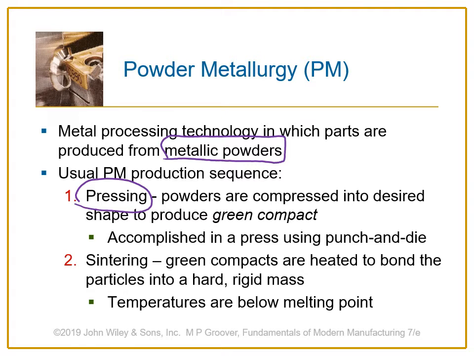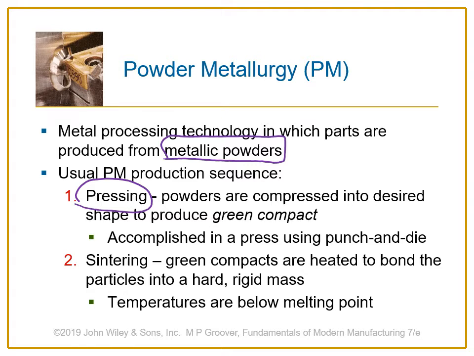Therefore, PM is most appropriate for medium and high production. Since we have the tools, we can overcome the cost of the tools by a high production rate or at least a medium production rate.